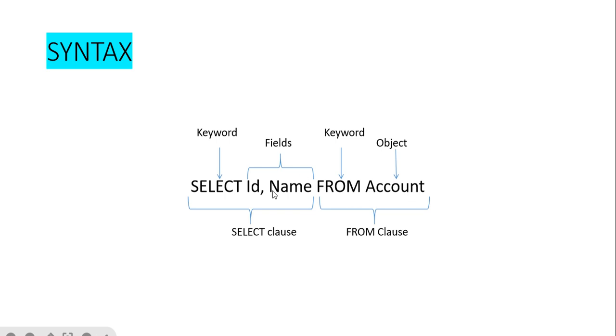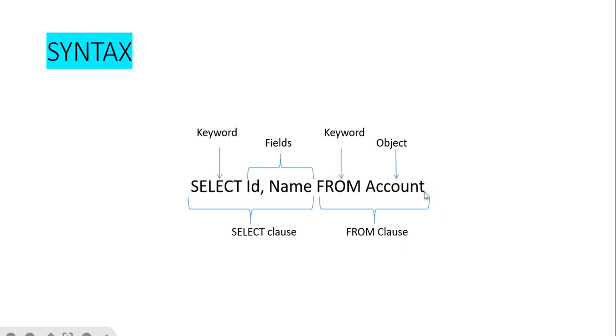We can mention a standard object or custom object. From the SELECT keyword to the end of the field names comes under the SELECT clause, and from the beginning of the FROM keyword to the object name, it comes under the FROM clause.